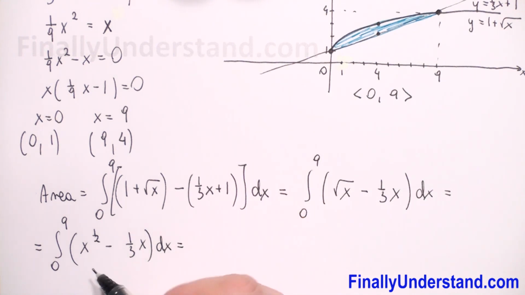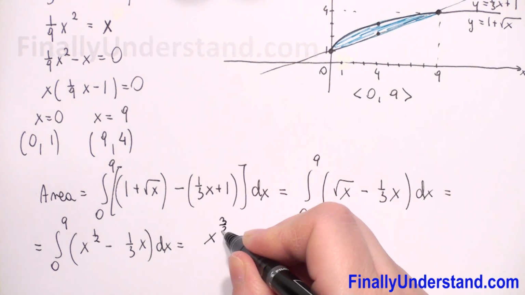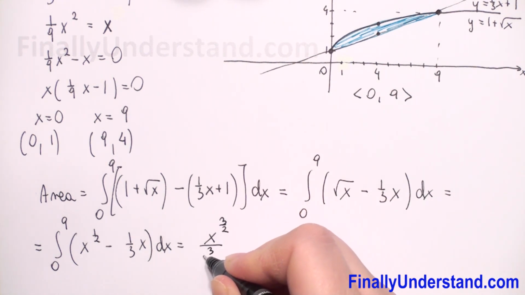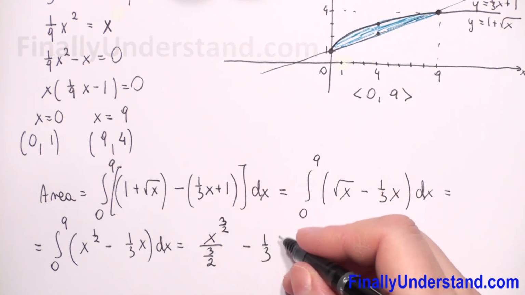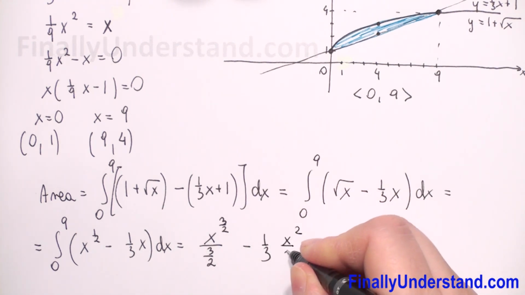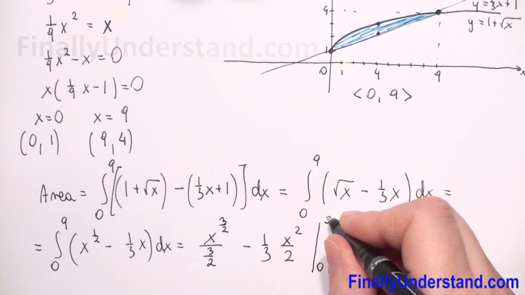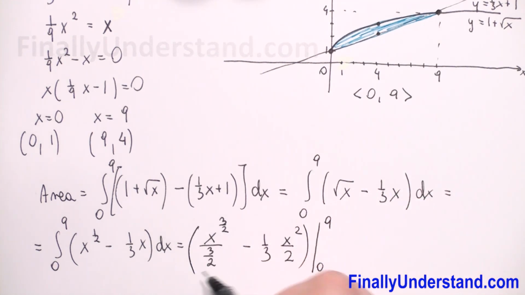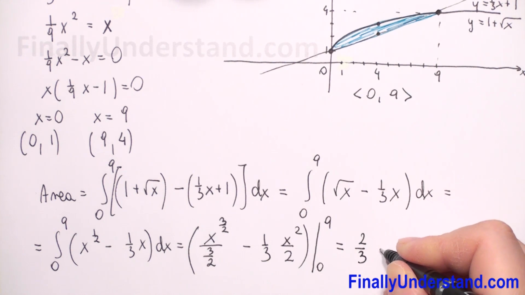The integral of x to the 1/2 power is x to the 3/2 power over 3/2, minus 1/3 we copy, and the integral of x is x squared over 2. We have integration limits from 0 to 9.